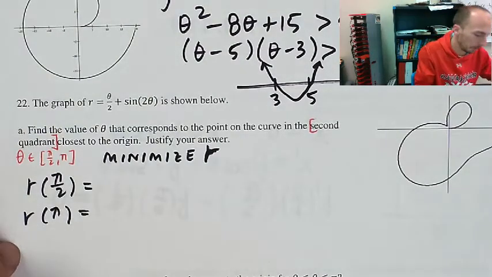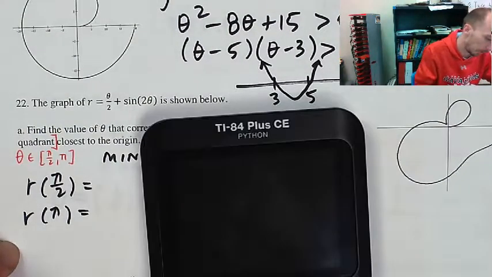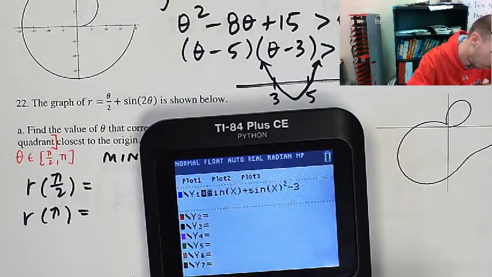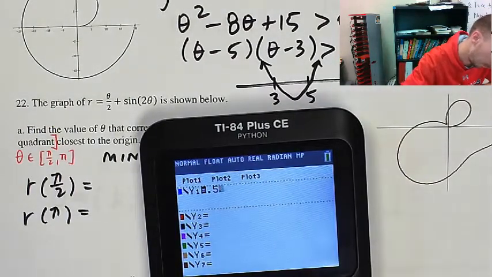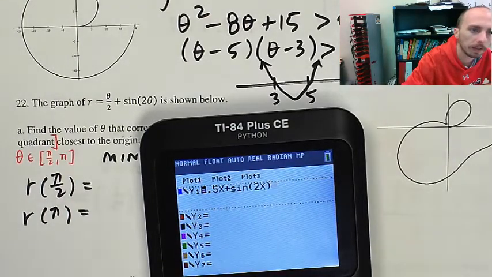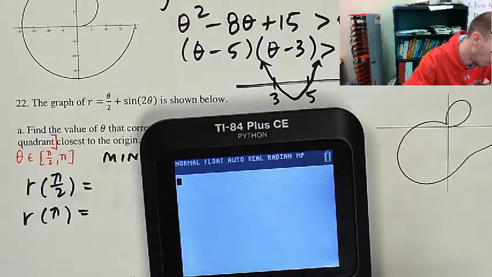Okay, r is theta plus sine of 2 theta, and I'm going to run pi over 2 and pi through that.